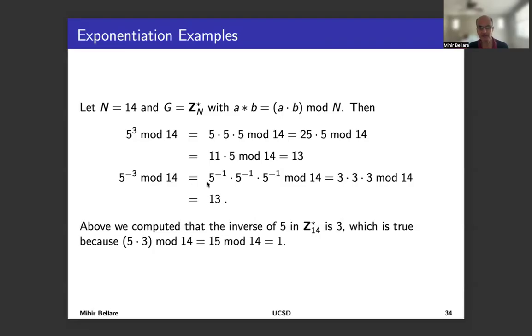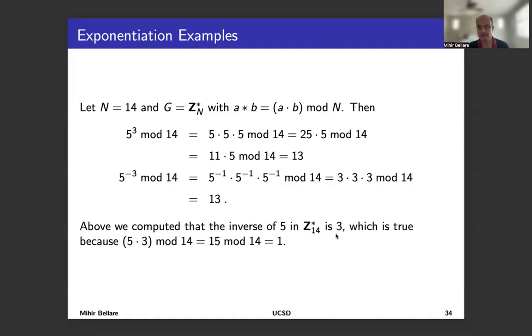By definition, I have to take the inverse of 5 and multiply that by itself 3 times, and then take the result mod 14. So we have to go compute the inverse of 5. Well, we practiced how to compute inverses in groups, and the inverse of 5 is 3. You could do that by trial or error or some other way, but once someone tells you, it's easy to check.